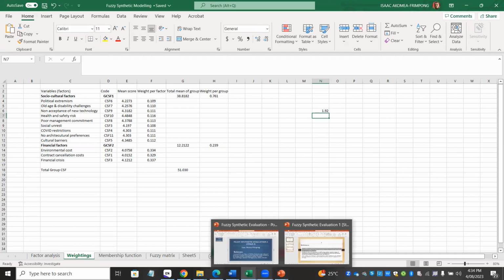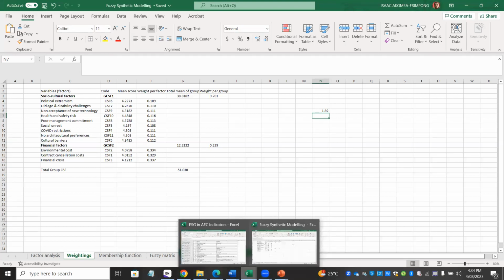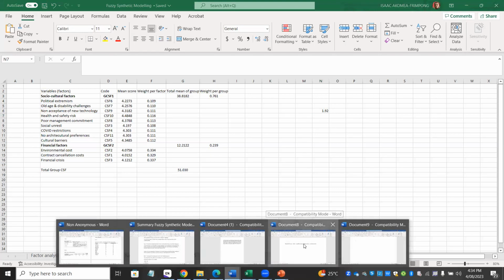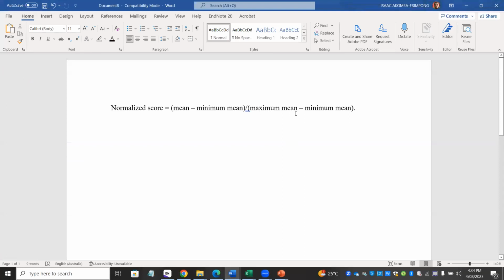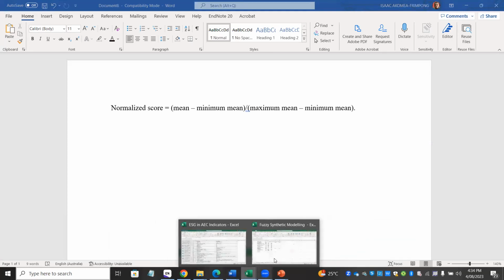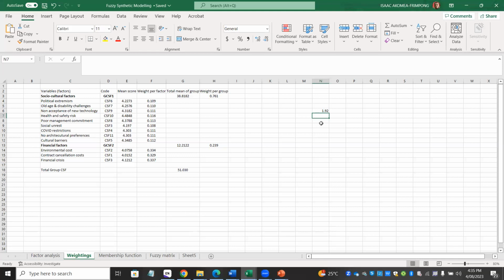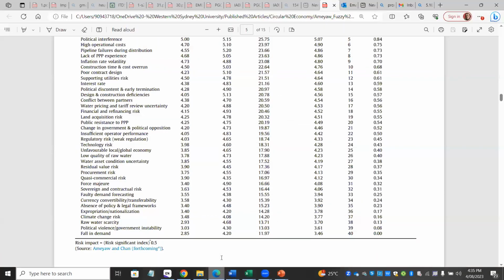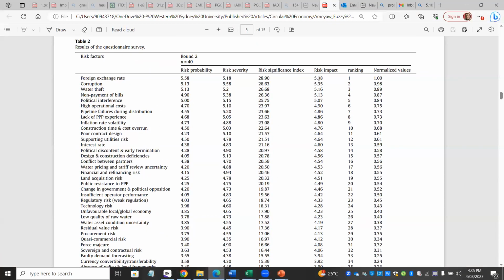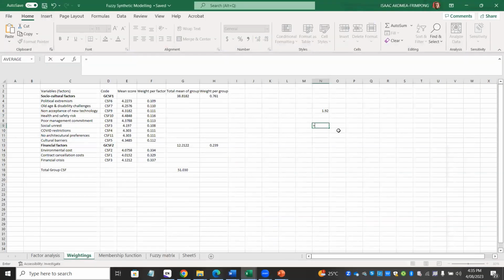Great. So then what again? Divided by maximum mean minus minimum mean. Okay, so let's do it. So what is the maximum mean? Definitely it is the first one, because that was ranked as first, number one, which is 5.38. That's the maximum mean. I just want us to do it for about 2 factors, then you understand it.